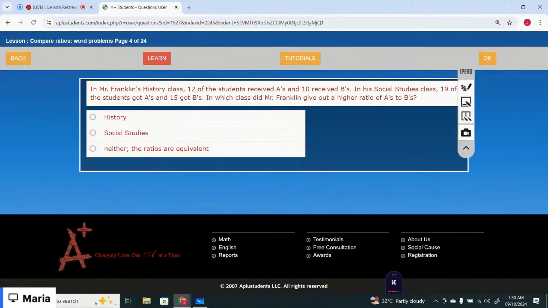In Mrs. Franklin's history class, 12 of the students received A's and 10 received B's. In his social studies class, 19 students got A's and 15 students got B's. In which class did Mr. Franklin give out a higher ratio of A's to B's?